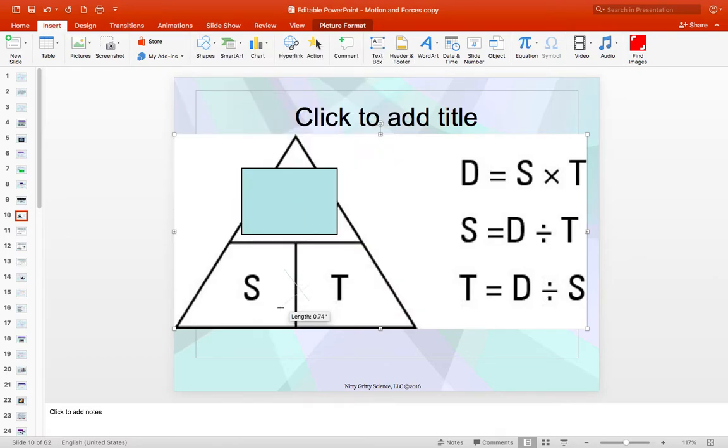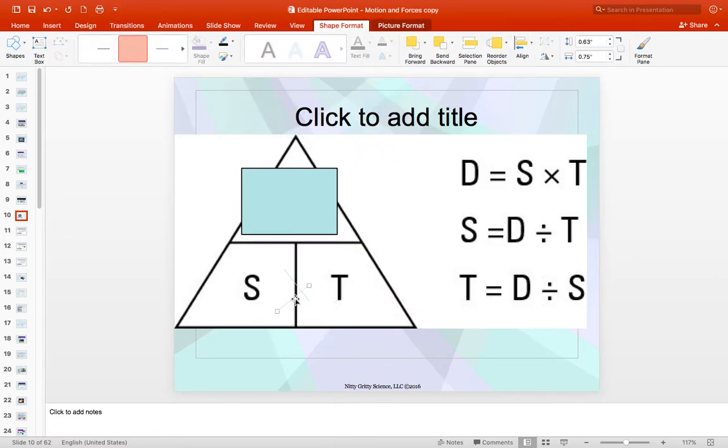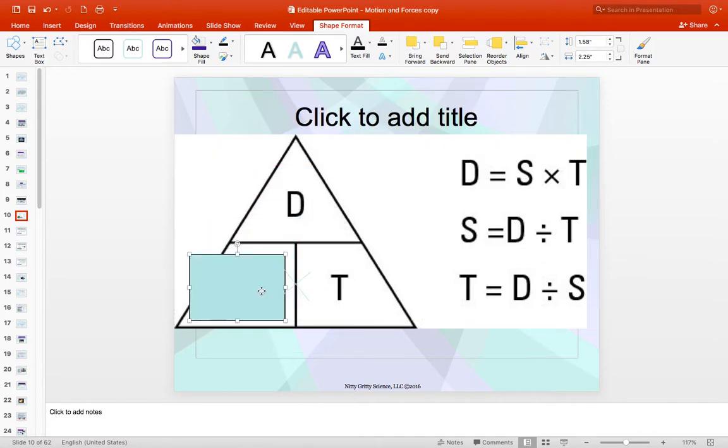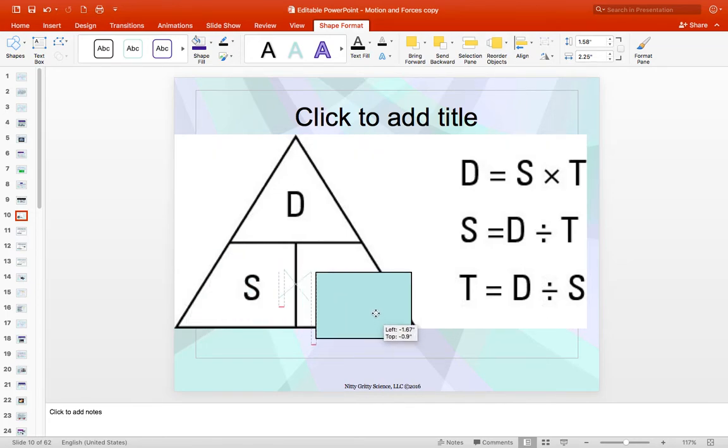It's blue, apparently. If we wanted to find out speed, we're going to cover up the S. So speed is equal to distance divided by time. If we want to find time, we're going to cover up the T. And time is equal to distance divided by speed.